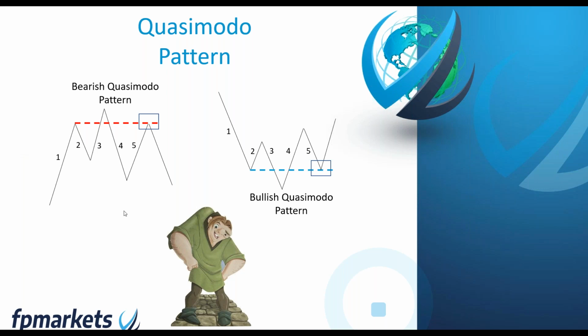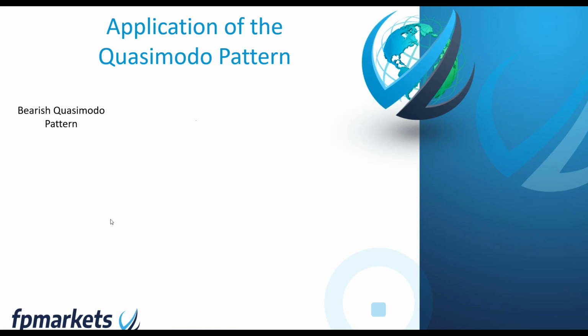Okay, let's flip over the slides. Okay, so how do we apply this? I must warn you guys, I'm going to go into detail with this. I'm going to go into the detail regarding how we apply this formation to charts, and importantly, what is the psychology behind its development.